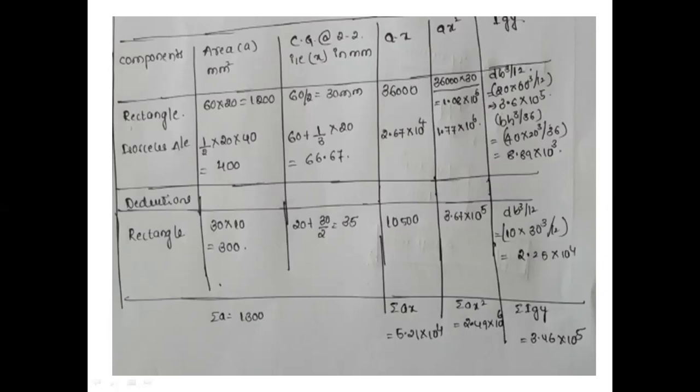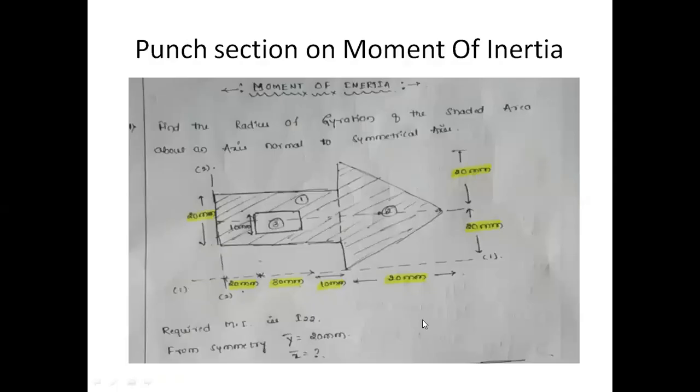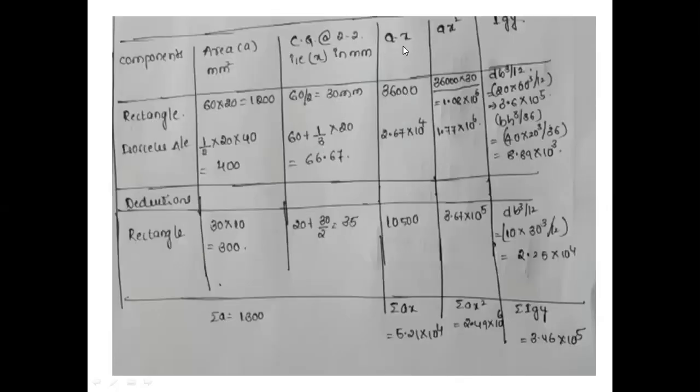Instead of going for the direct calculation, you can use this tabulation. That means first look at the problem, check whether there is any reference axis, go for the symmetrical axis, then the first area moment and second area moment. After that, calculate the moment of inertia about its own centroidal axis, and follow this tabulation to get a perfect value without any confusion.